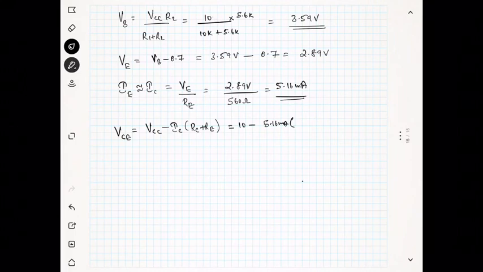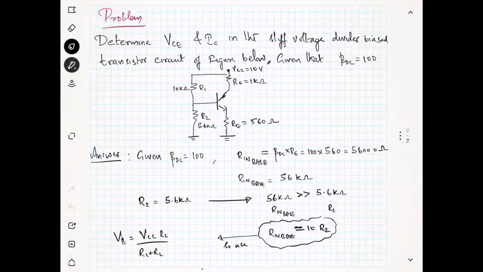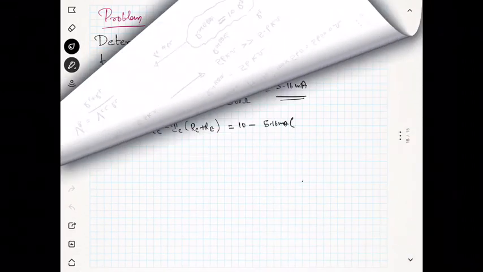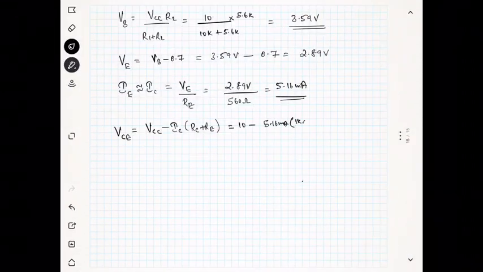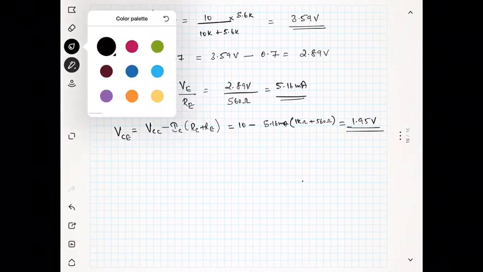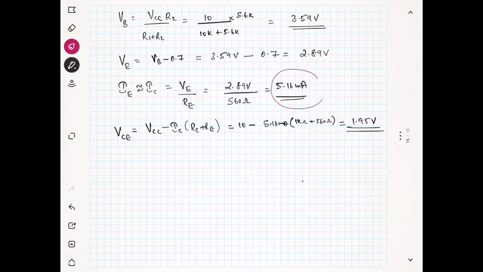RC is 1 kilo plus 560 ohms. So you will get VCE as 1.95 volt. So you got IC and you got VCE.